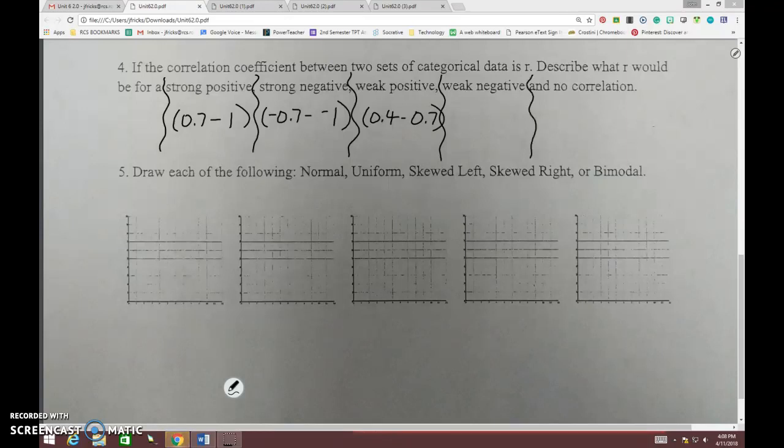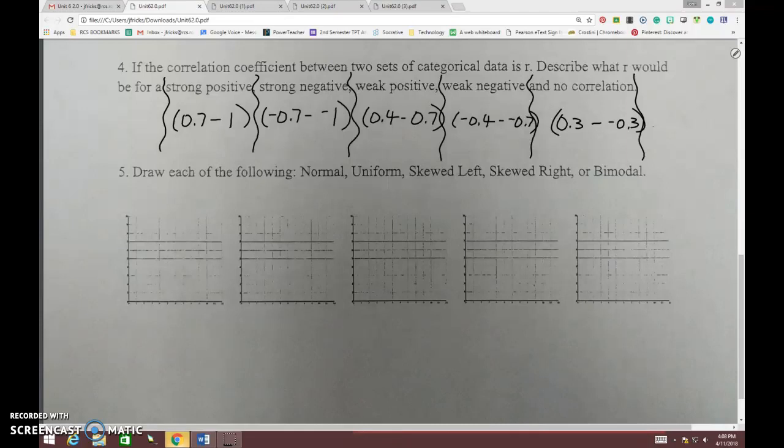Weak negative is whenever it's from negative 0.4 to negative 0.7. And then no correlation is just simply when it's between the numbers 0.3 and negative 0.3. Perfect no correlation is going to be found at 0. And then perfect strong correlation is going to be found at positive 1. Perfect strong or strong negative correlation will be found at negative 1.